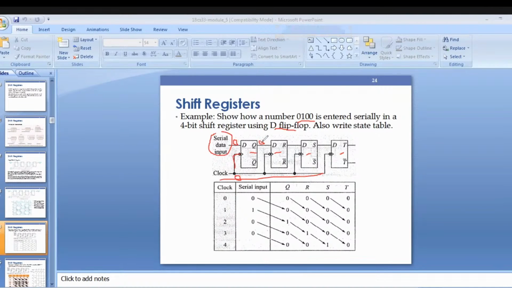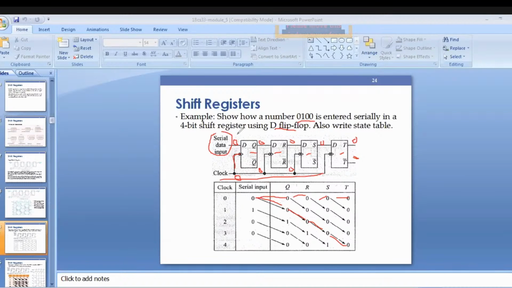Then the first D flip-flop output is 0, and the clock is also disabled, so that output will be 0. The next clock is also 0, so the output will be 0, and the final output will also be 0. First it will shift 0, then 0, then 0, then 0. If you keep on changing, the serial input is also 0, 0, 0, 0.